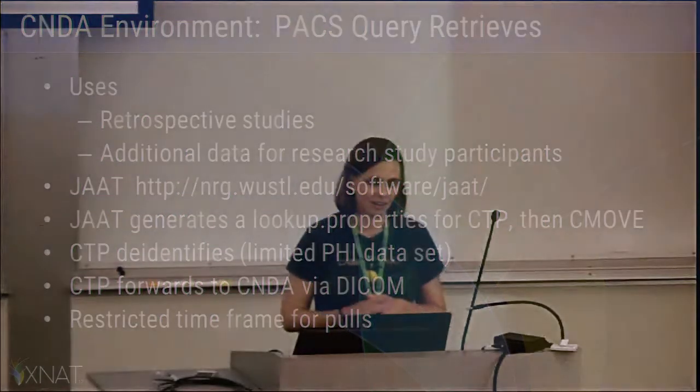We leave in dates. We don't change the study instance UID. And then, I take that back. We do change the study instance UID in this case, yes. And it forwards it on to CNDA via a DICOM transfer.